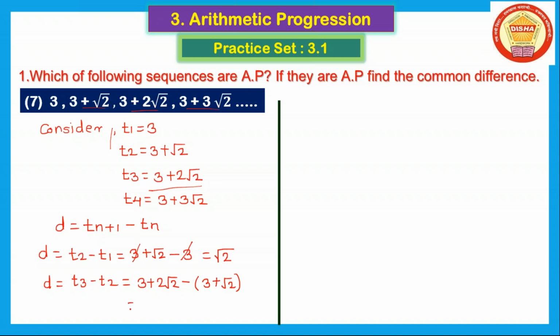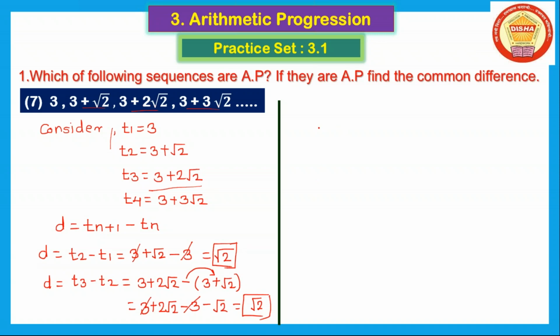Then we solve this bracket: 3 plus 2 root 2 minus 3, and here we multiply by the minus, so minus into plus is minus root 2. Again minus 3 plus 3 cancel, and 2 root 2 minus root 2 is equal to root 2. So for the next two terms the common difference is root 2.